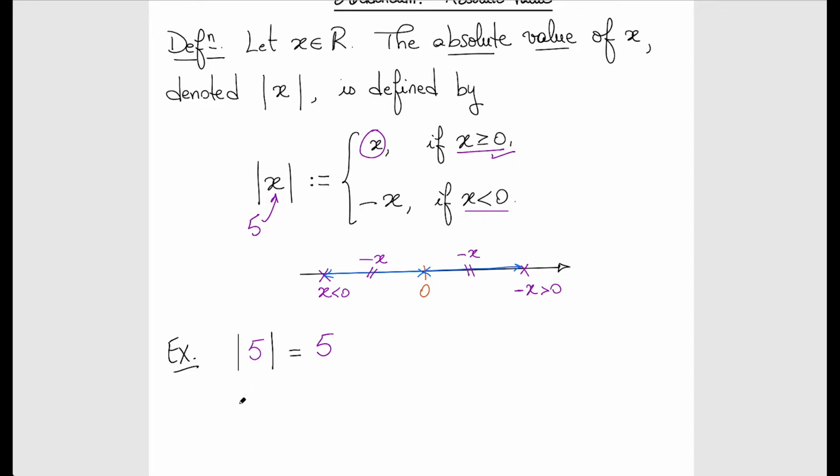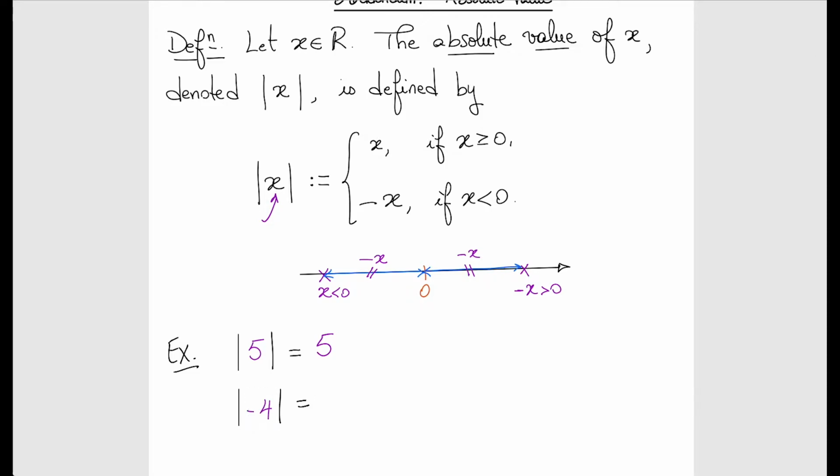How about now we consider absolute value of -4. Okay, so again, let's erase this part and try to understand who x is. Well, as we said, x is the guy that sits between the bars. Who's the guy sitting between the bars now? It's -4.